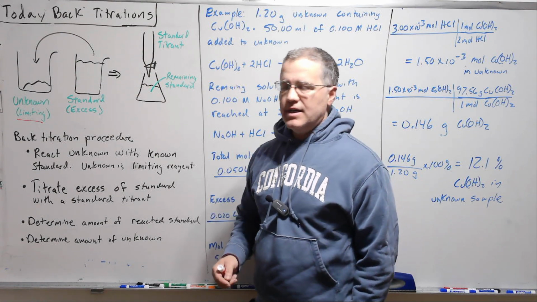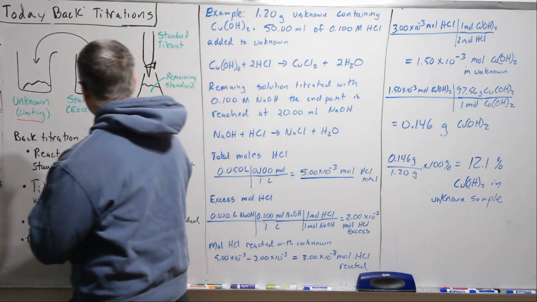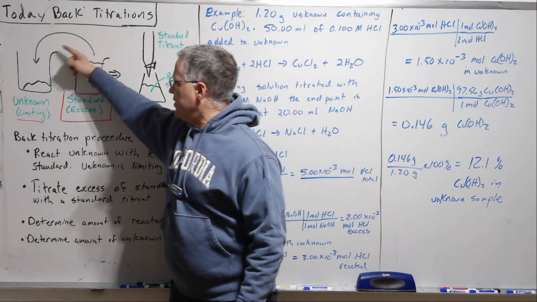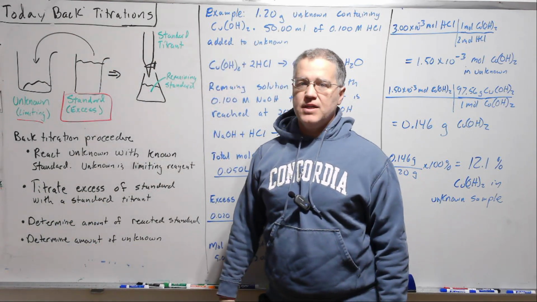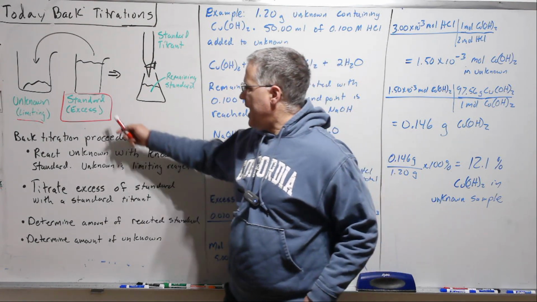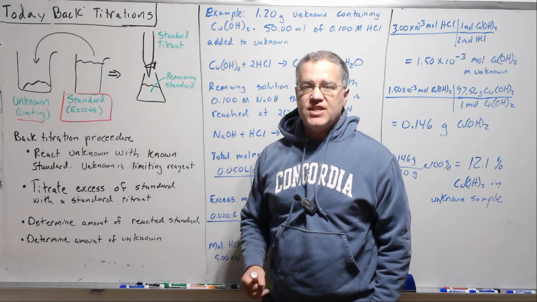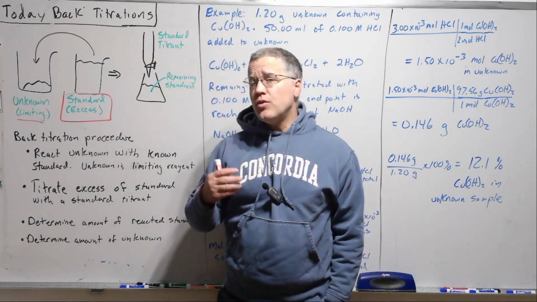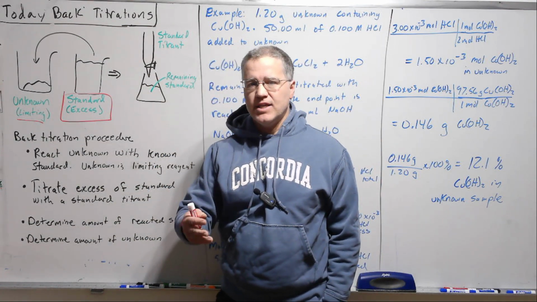So we don't have that, so we have to do some kind of reaction, but this reaction is going to be slow. And so what we're going to do is take a standard, and then dump that standard onto our sample, and make sure that the standard is in excess and the unknown is limiting. So we may have to do some pre-calculations.